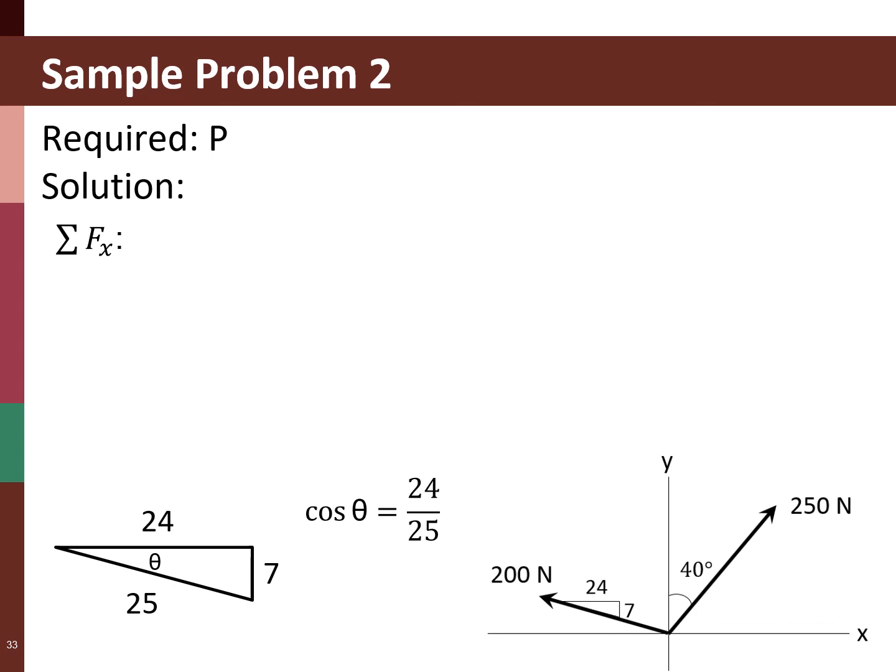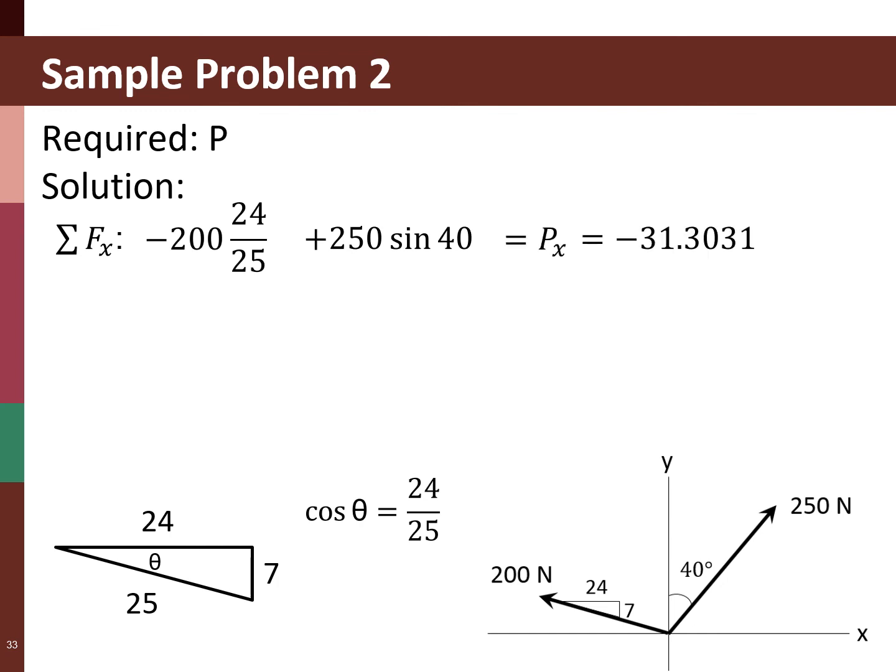So the x component of the 200 Newton force is negative 200 times 24 over 25. Negative because the arrow points to the left. For the 250 Newton force, the x component is 250 sine 40. This is equal to the x component of P, which is equal to negative 31.3031.